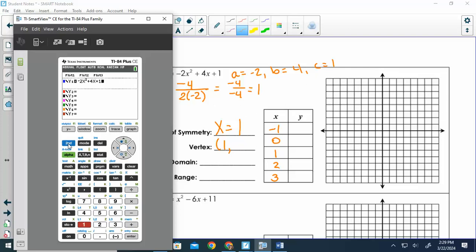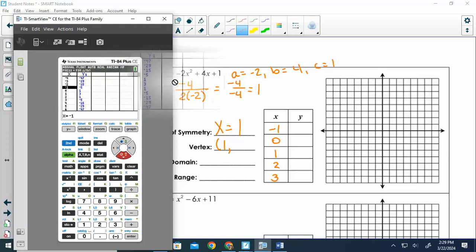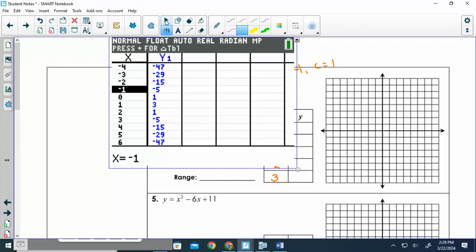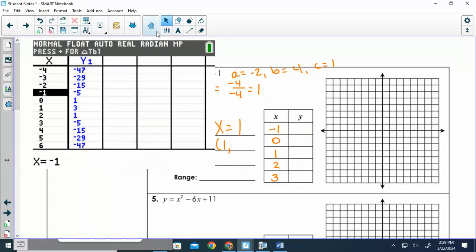And I'm going to go into my table first. So you can move up or down for whatever points you need. So if I look at this, the first point I have on my table is negative 1, and that tells me y is negative 5. When x is 0, we get 1.